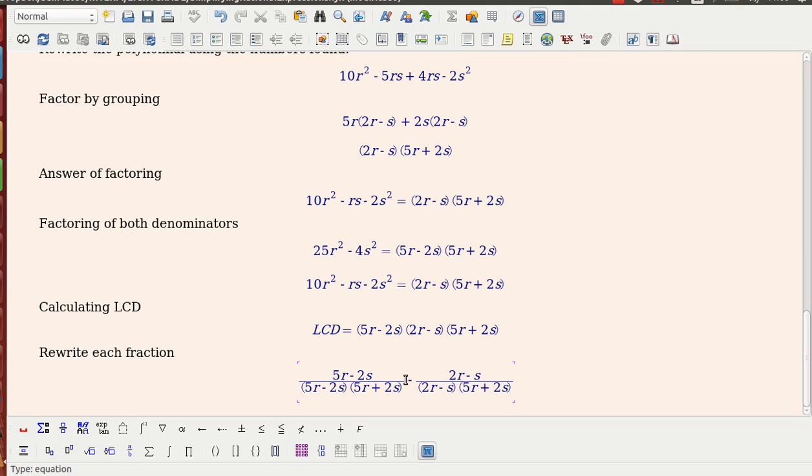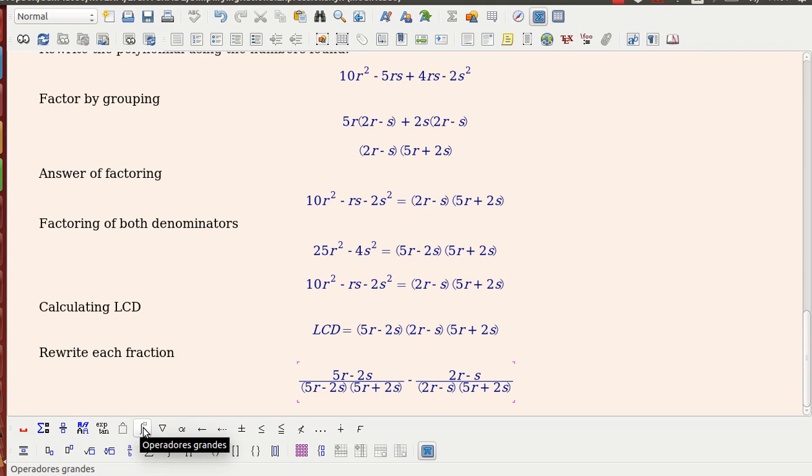So let's think. Which is the factor I need to multiply and divide by to get the equivalent fraction with the LCD as denominator? Which is the factor I need in fraction number 1?